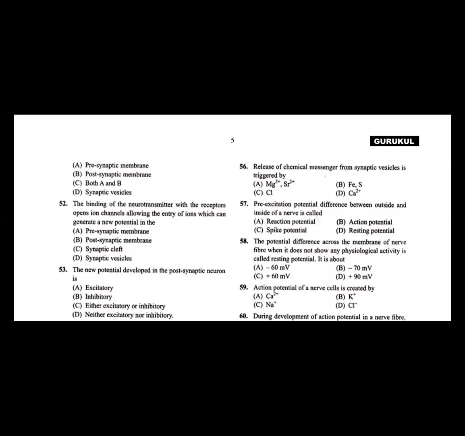Now question number 52, the binding of the neurotransmitter with the receptors opens ion channels, allowing the entry of ions which can generate a new potential in the... As I said, when the neurotransmitter is produced by the presynaptic nerve, that neurotransmitter chemical binds to the postsynaptic nerve and opens the ion gated channels in the postsynaptic nerve and transfers impulses into the postsynaptic membrane.